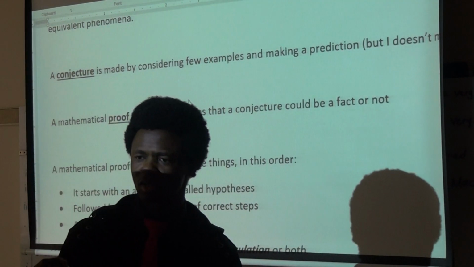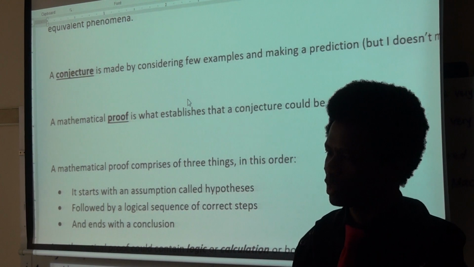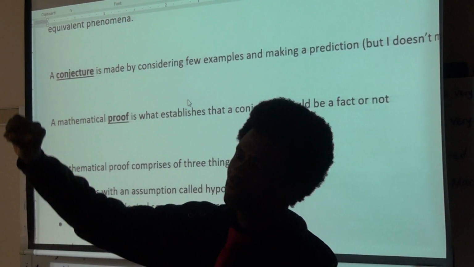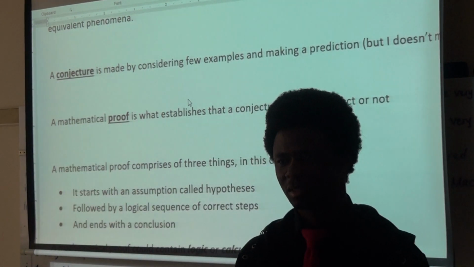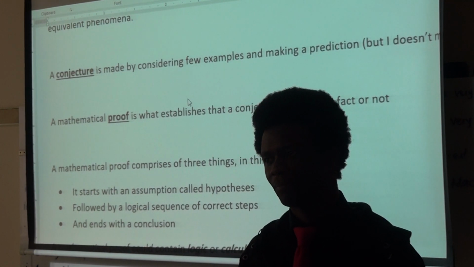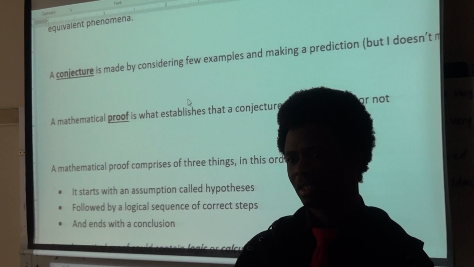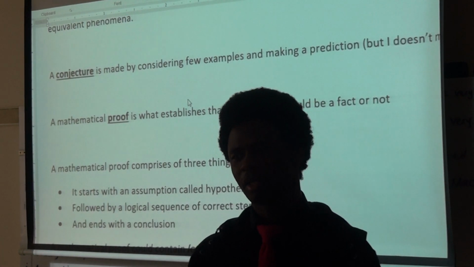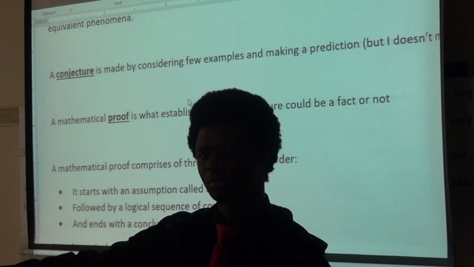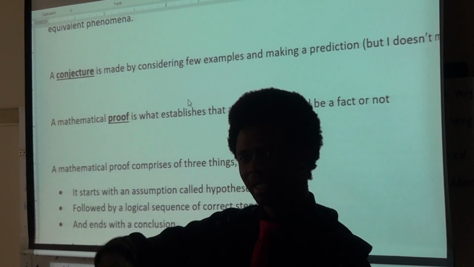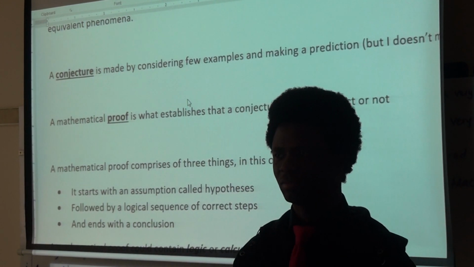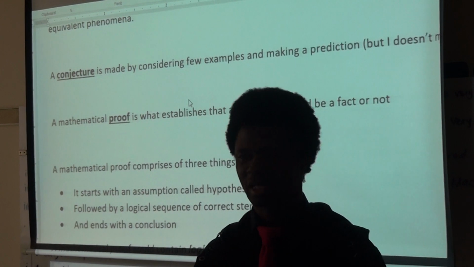When someone asks you to solve a linear equation, you start with an assumption: let X be the age of the student. That's an assumption. And at the end, you follow some logical steps, isn't it? Then you have a conclusion and say, therefore, the student is 10 years old. I'm just bringing it down to middle school level now. So a mathematical proof is like that.